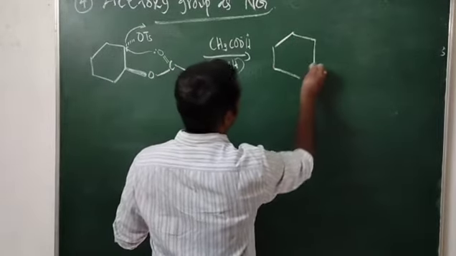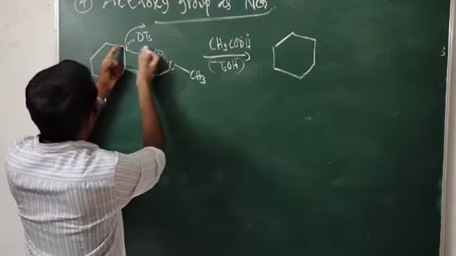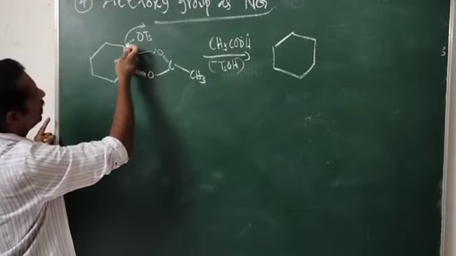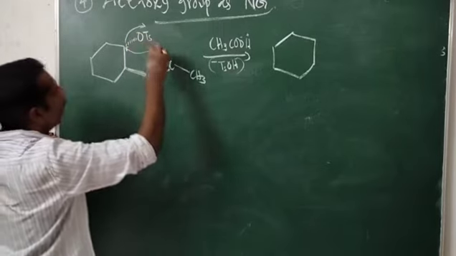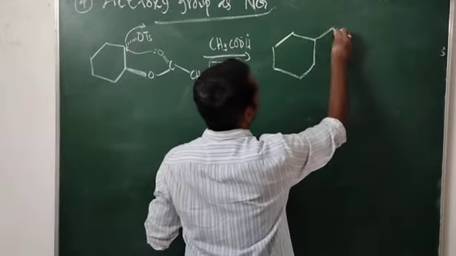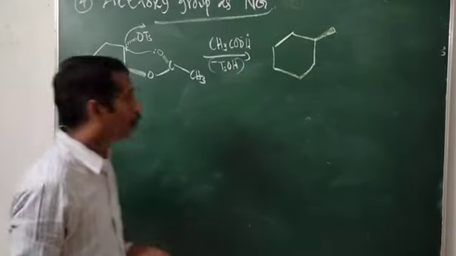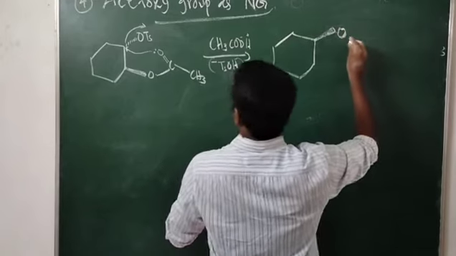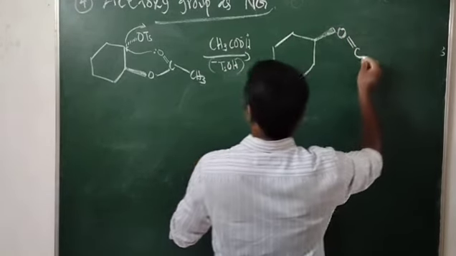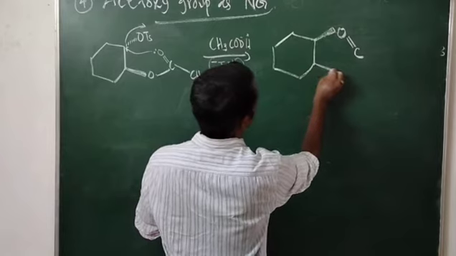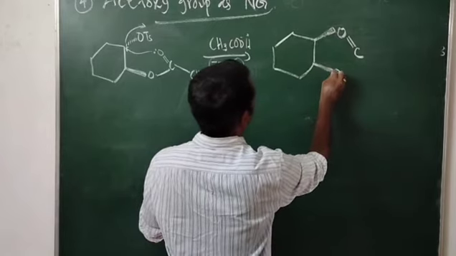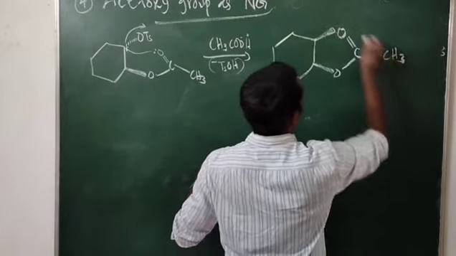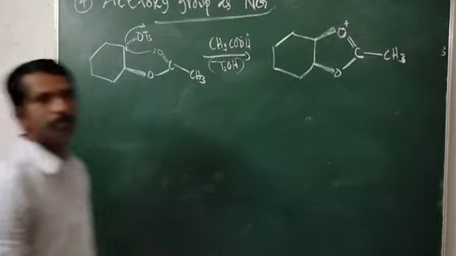Since this is backside attack, you can see that this dotted bond with inversion, that means you can show with a bold thick bond, and what we get here is O and double bond C, and in this one there is a CH3. Of course this oxygen is getting a positive charge.